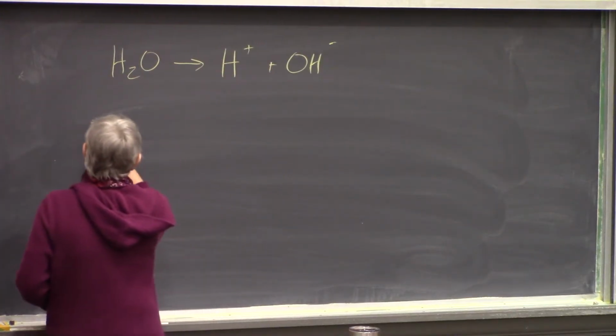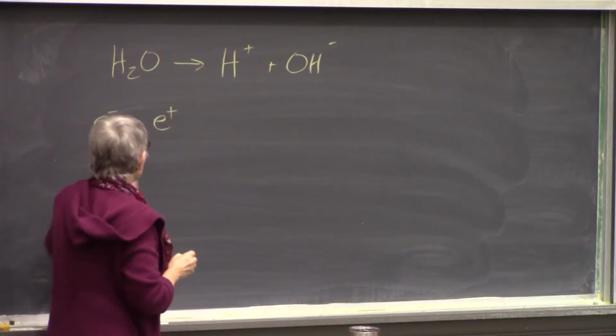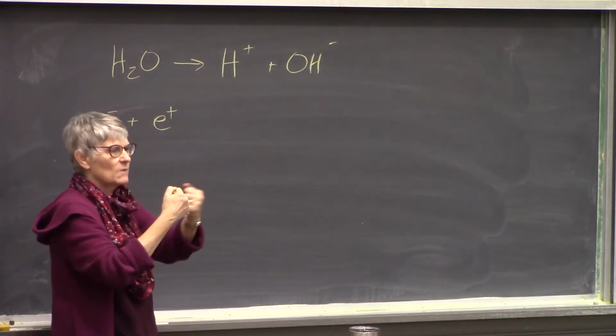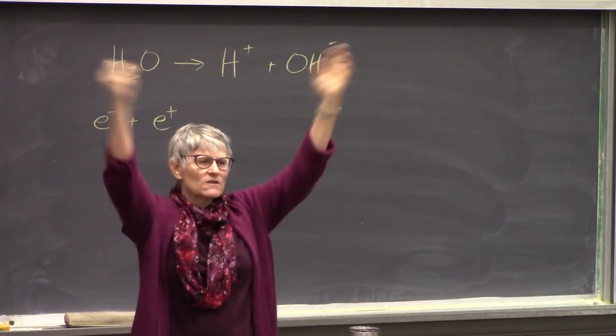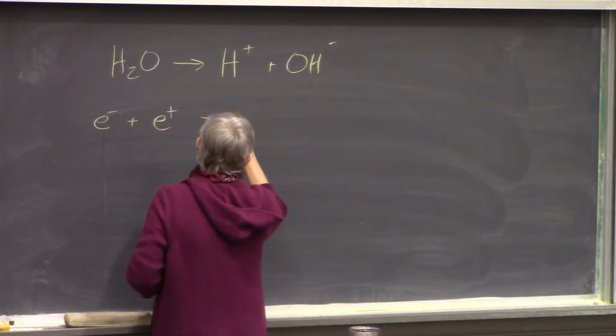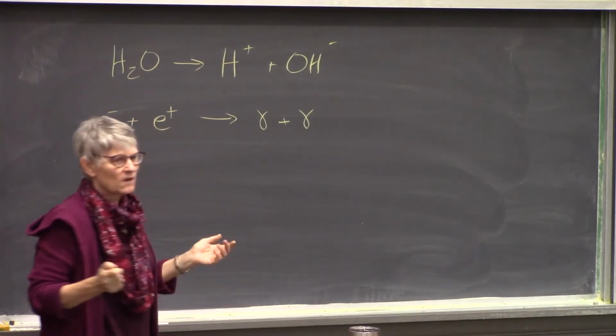How about one of our favorite processes? We have an electron and a positron, an anti-electron. They come together. All their rest energy is converted to kinetic energy of 2 photons. So we've got 2 gamma rays, 2 high energy photons going out.